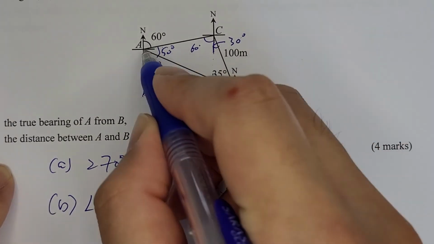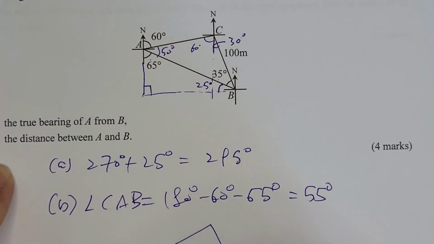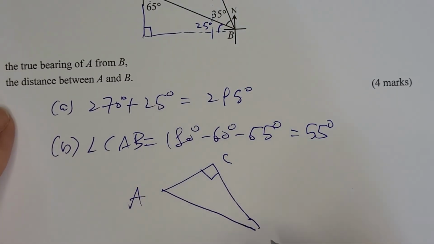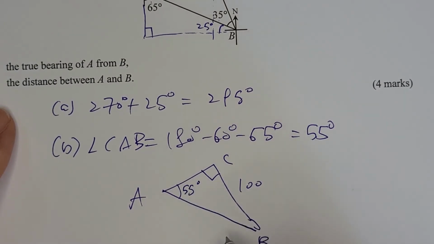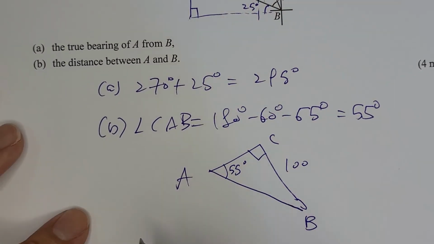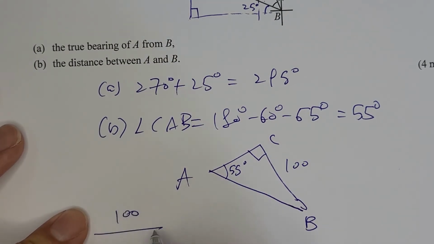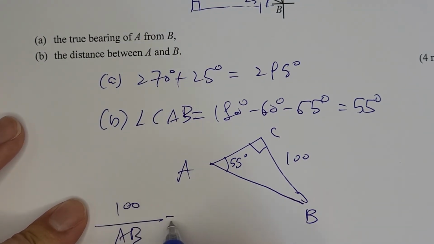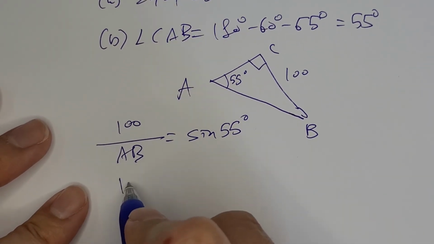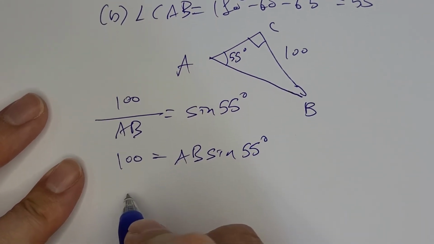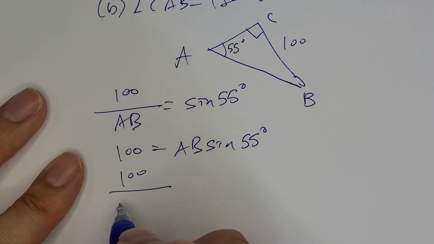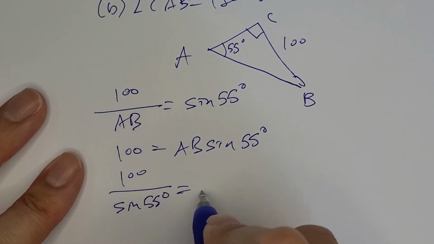So you can use this right angle triangle C, A, B, 100 meter, 55 degree, and you can use sine to find AB. 100 over AB equals sine 55 degree. And how to simplify this? 100 equals to AB times sine 55 degree, and then 100 over sine 55 degree equals AB.